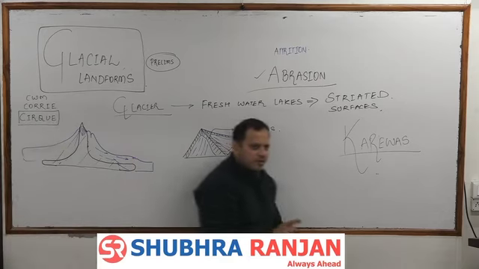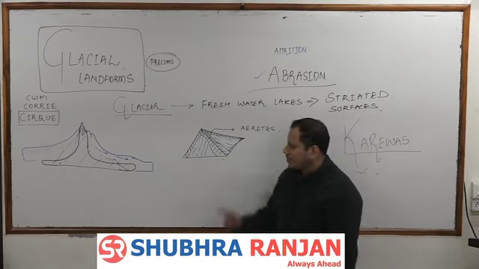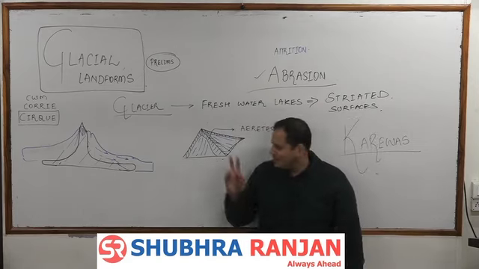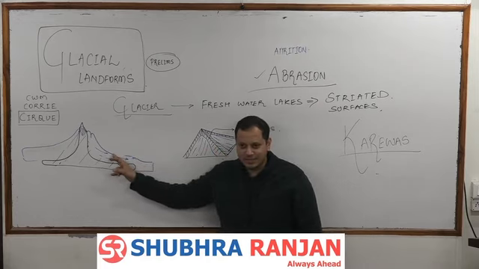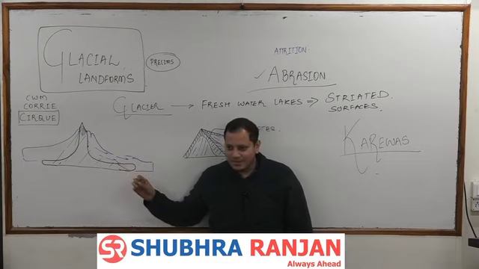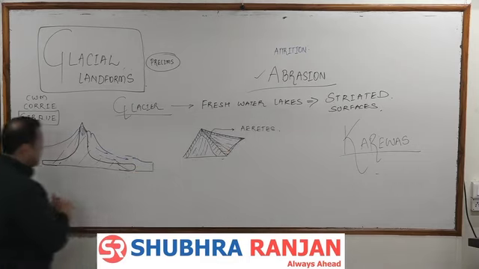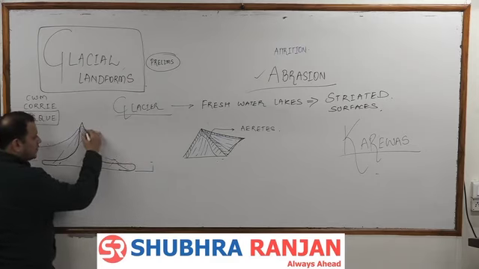Why is it important? Because if you want to climb a glacier or climb Mount Everest, if that is your dream, you will take the help of arêtes only. You will never go with the help of a glacier, because a glacier can come down at any time. And the most dangerous time for a glacier is during the summer season, when the glacier starts melting because there is no fresh snowfall.